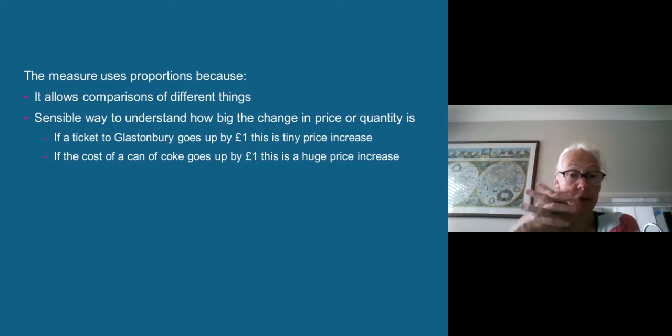So, as it explains here, we want to understand how big the change in price or quantity is. To put this in perspective, if you're thinking about changing the price of a ticket to Glastonbury, if that went up by £1, that would be a tiny price increase. But if the cost of a can of Coke went up by £1, this is a huge price increase. And so it enables us to compare different things and look at it proportionally.